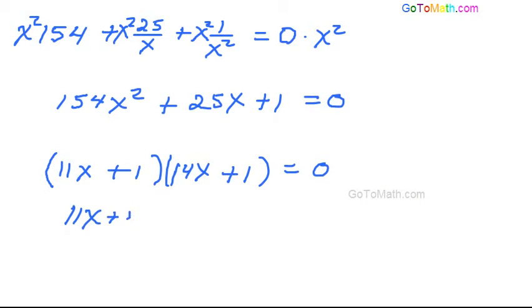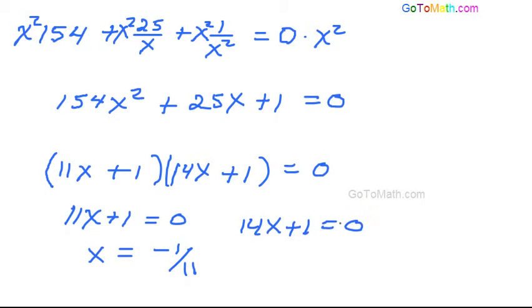It's not exactly an easy one here, I will admit. So we end up getting, taking the 1 over negative 1 over 11, and then we set this factor equal to 0. Solve for x, and we get x is equal to negative 1 over 14. Negative 1 over 11, negative 1 over 14.